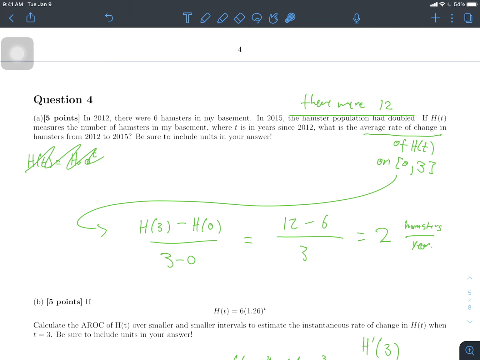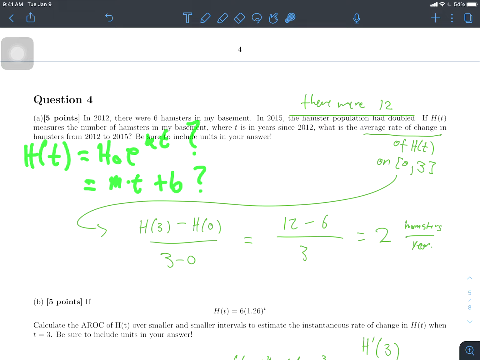The one thing they leave out is they don't tell us whether the relationship is linear or exponential or something like that. So I might start by trying to write down, what is h of t? Is h of t equal to h naught times e to the kt, or is it equal to m times t plus b?